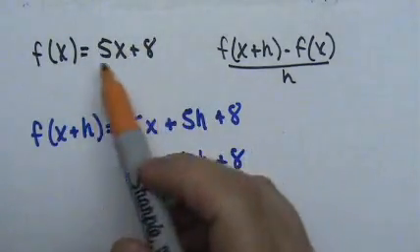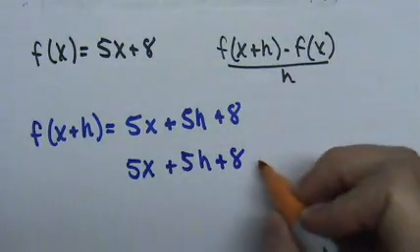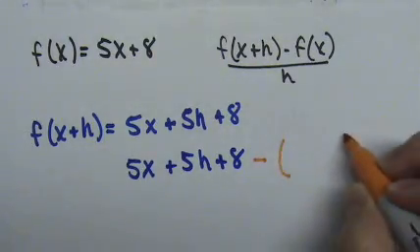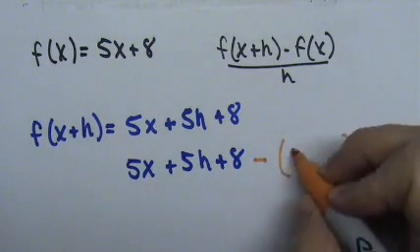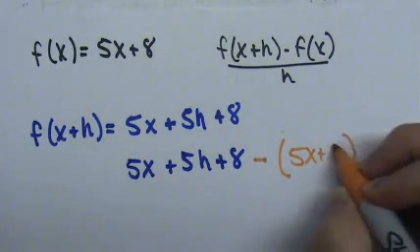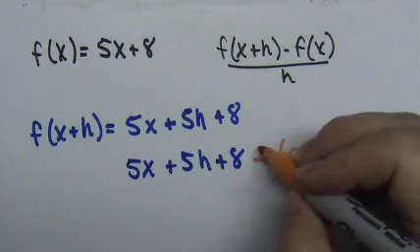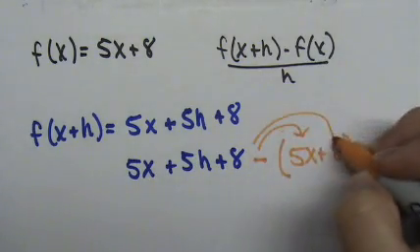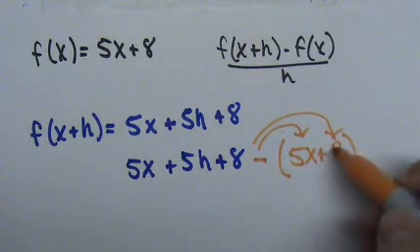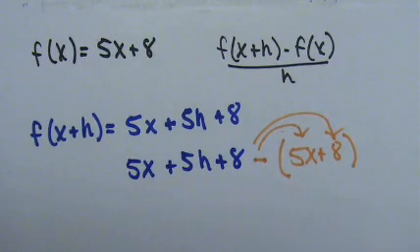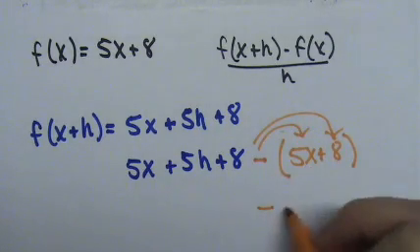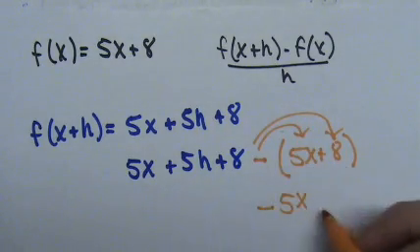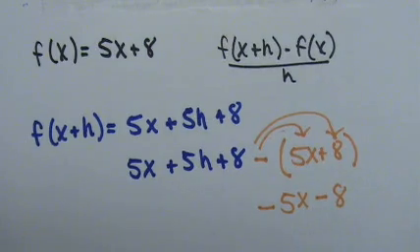Literally, f of x is 5x plus 8. So we want to subtract f of x. Don't forget your parenthesis. It's very, very important. If you don't put a parenthesis, you're not going to remember this negative must be distributed, and you're going to keep a positive 8 here where it should be a negative. So now, let's distribute the negative. We get a negative 5x and a negative 8.